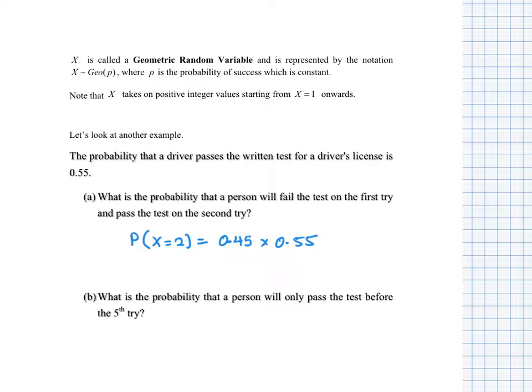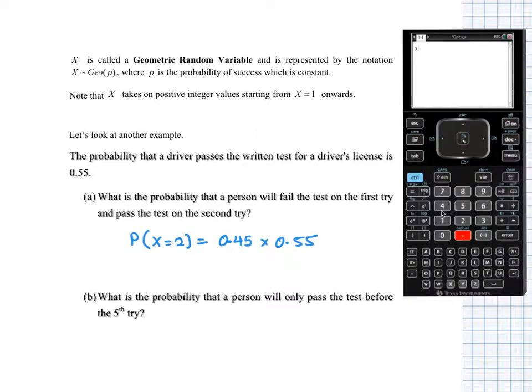Okay, we bring up our TI-Nspire and we will try to work out the answer. So we have 0.45 times 0.55, and the answer is 0.2475. Or we can also use the inbuilt function.